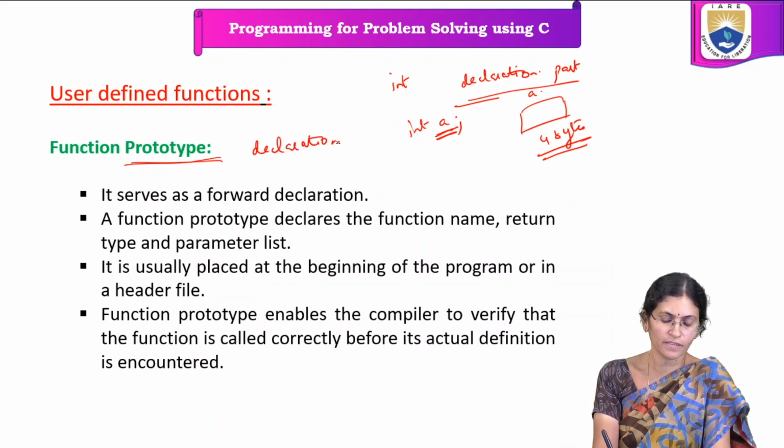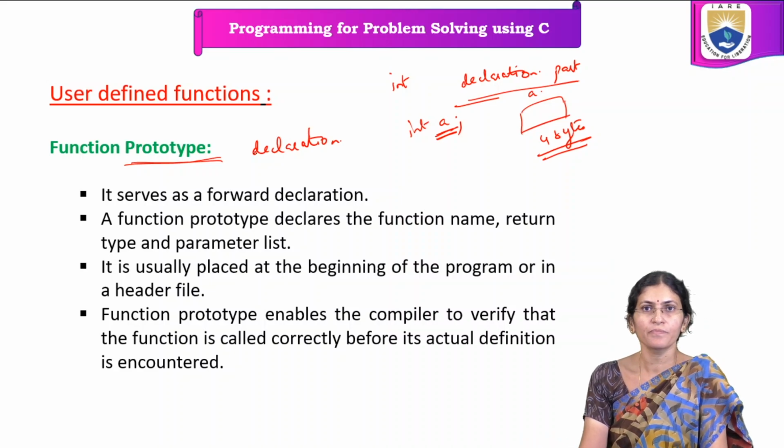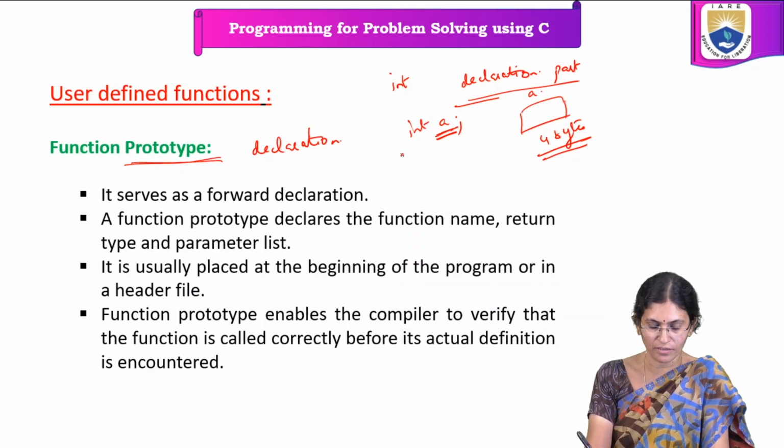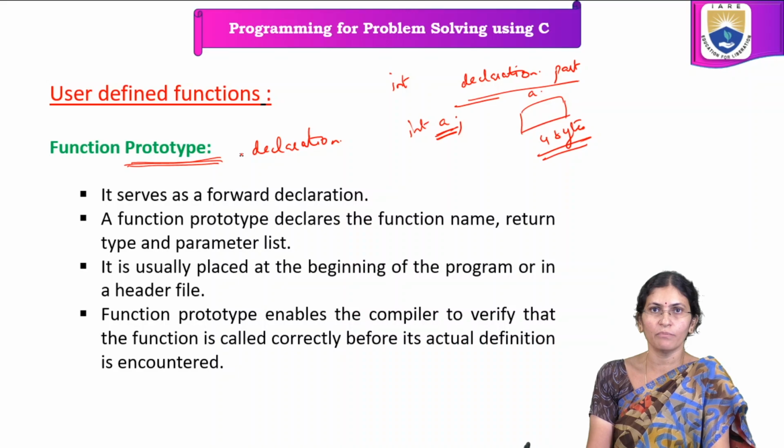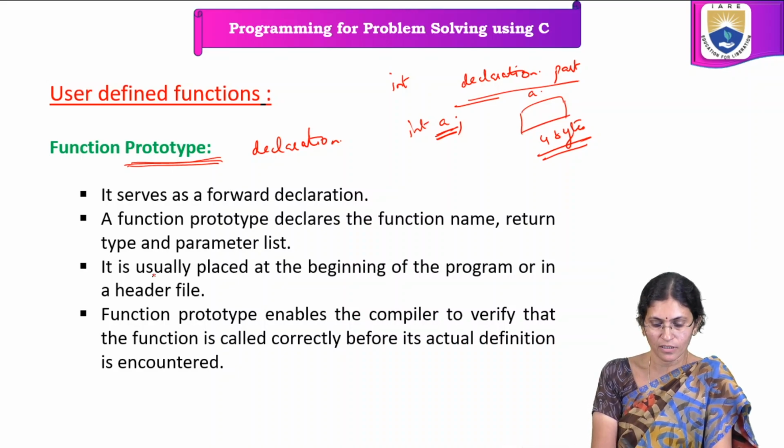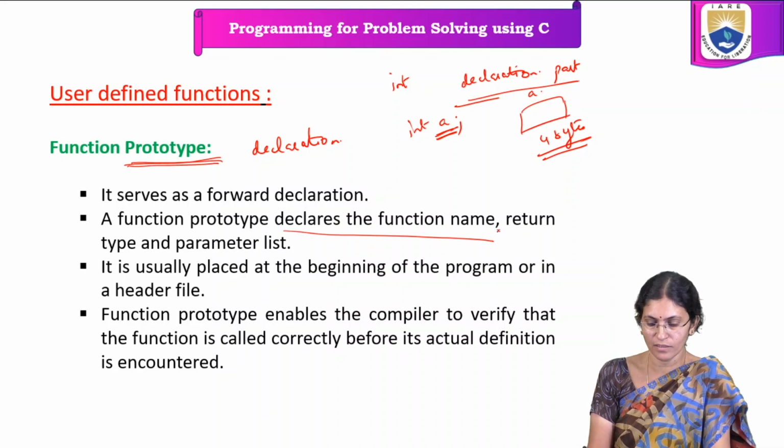Here the function must also be declared so that the compiler can ensure that this type of function is available. In function prototype, it declares the function name. These are the points to be included: first the return type, the function name, and then the parameter list.